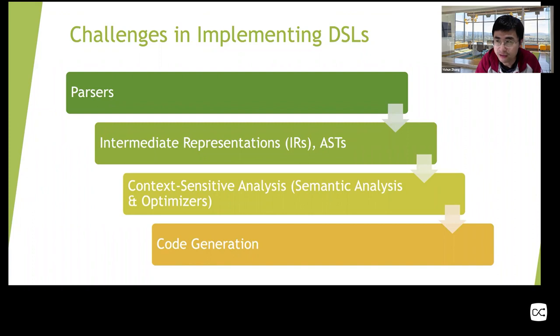Just generating code in languages like Python, Lua, C, or even SQL. So it depends on what you're trying to do. Okay, and in our experience, different languages are different when trying to generate code in them. Certain languages are easier, certain languages are harder.